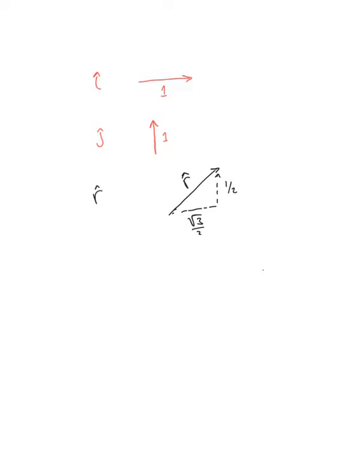And in terms of i hat and j hat, I could write the unit vector r hat as root 3 over 2 i hat plus 1/2 j hat. Now, notice that the r hat vector, when I take the magnitude of it, again gives me a length of 1. And the i hat and j hat components tell me how far I need to move in the x direction and how far I need to move in the y direction in order to make the r hat vector.